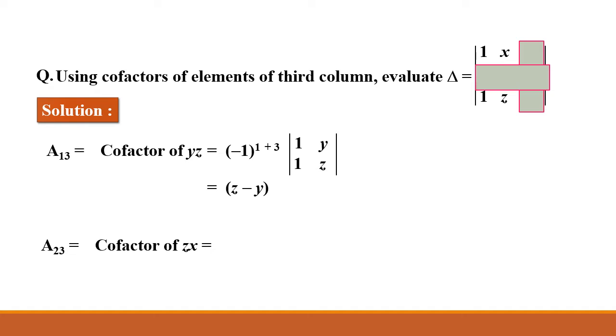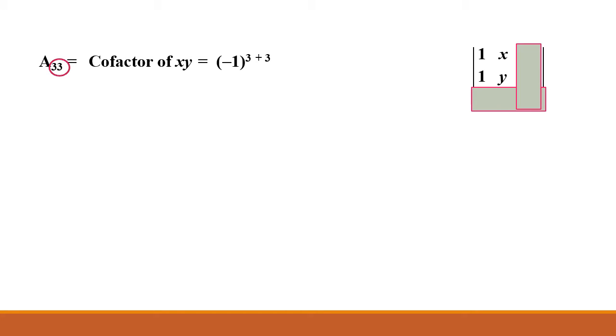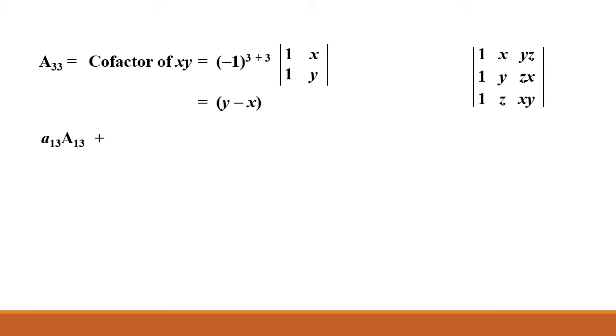Similarly A23 will be the cofactor of the second row third element, minus 1 raised to 2 plus 3, which is 1 x, 1 z. On simplifying we get minus of z minus x. Next A33 will be the cofactor of xy, that is minus 1 raised to 3 plus 3, which equals 1 x, 1 y. On simplifying we get y minus x.